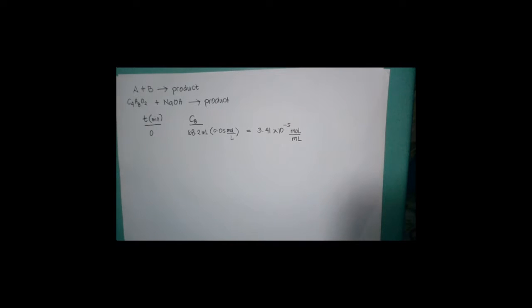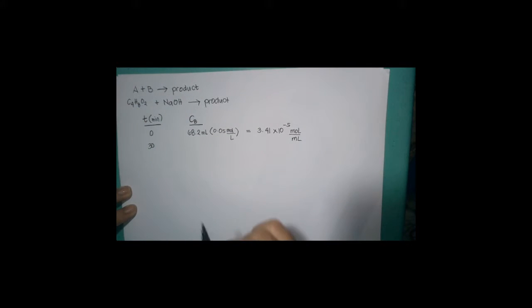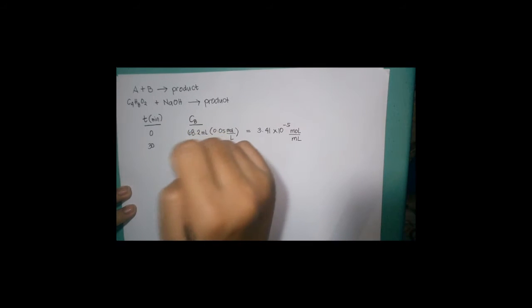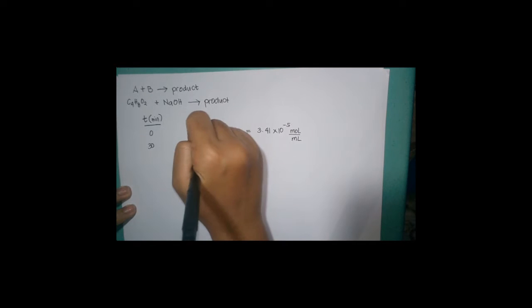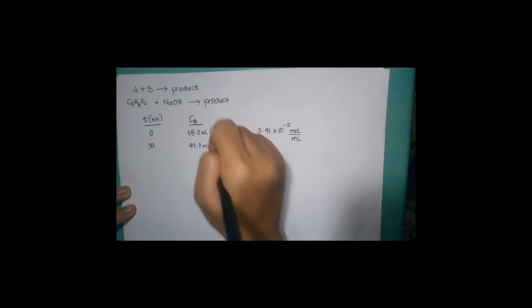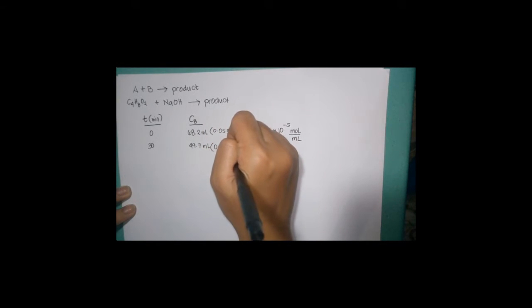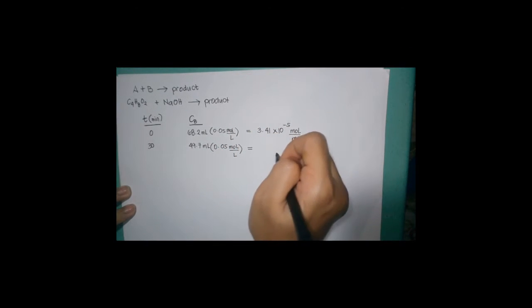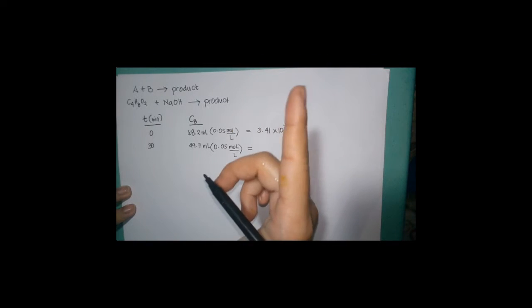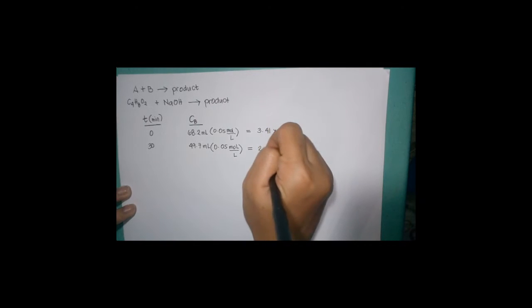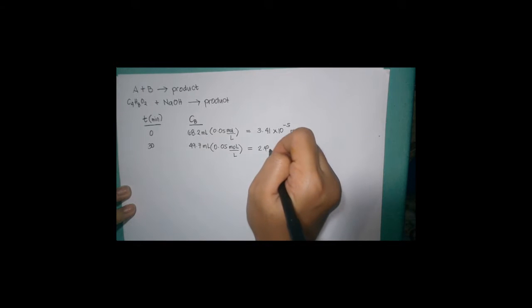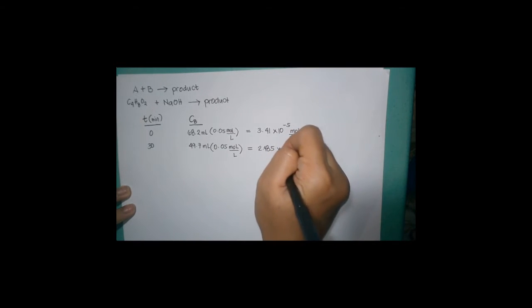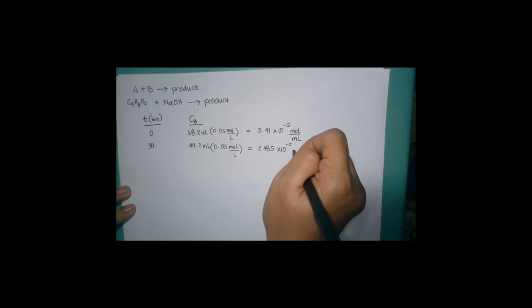Next, it is stated that at T 30 minutes, we have 49.7 ml acid, which will be multiplied by 0.05 moles per liter, which equals 2.485 times 10 to the negative 5 mole per ml.